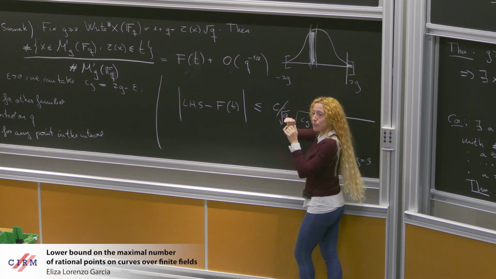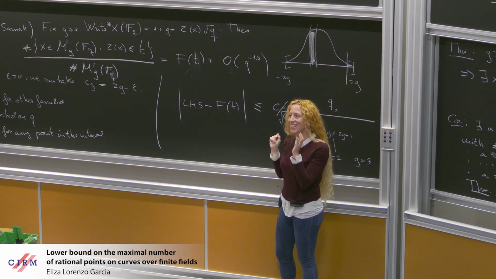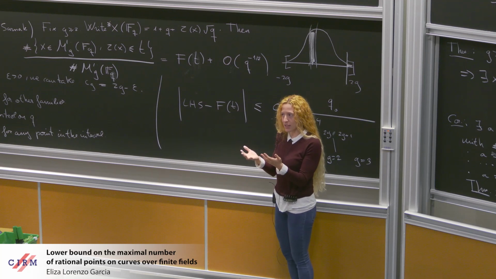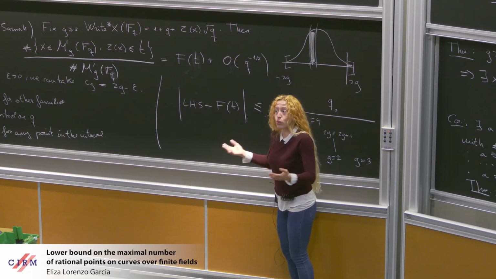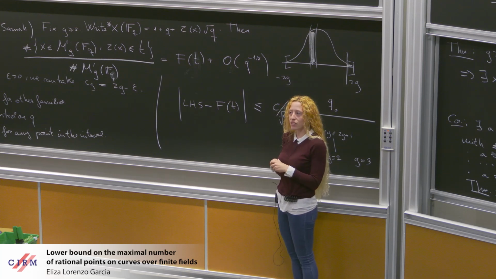And then this number anyway goes to 0. But now you can multiply this number by the square root of q and see what you get. This is a distribution that we study. And yeah, we get more curves with many points than with just a few points.